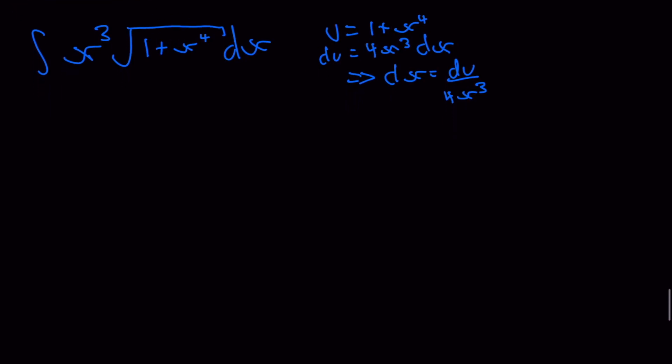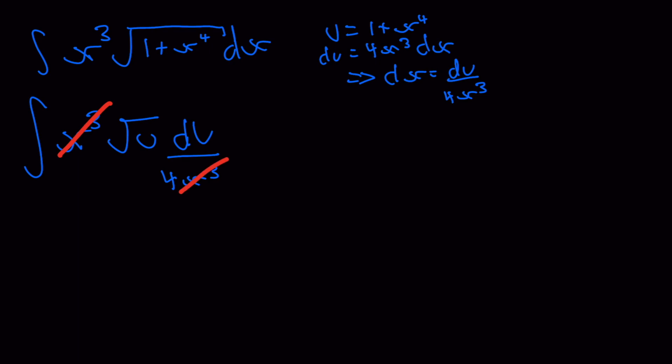So now let's sub in all our values. Look at that. Look how nice that is. Cancels. So now we're going to pull that 1/4 out. The 1/4 right here. Yeah, so 1/4.